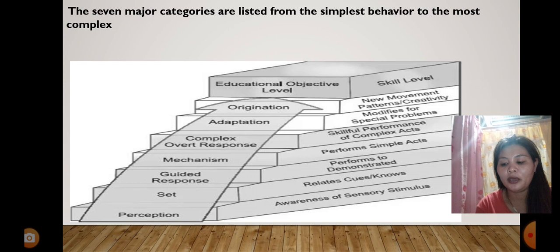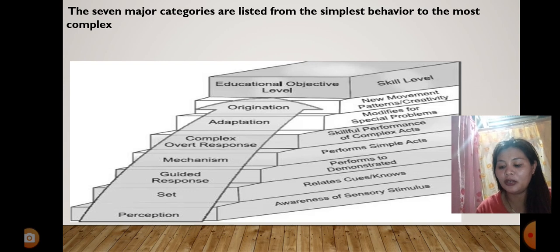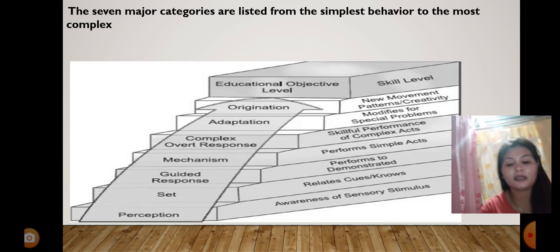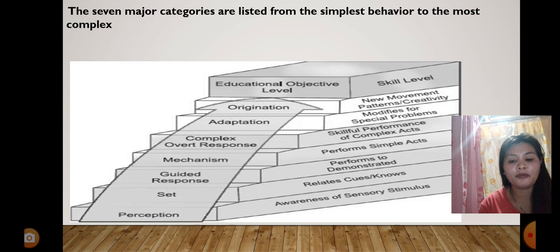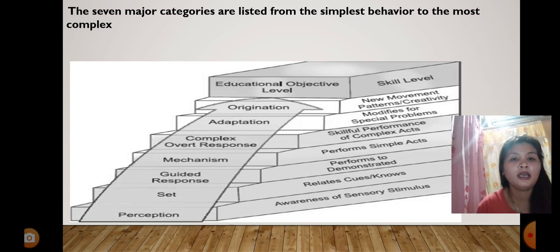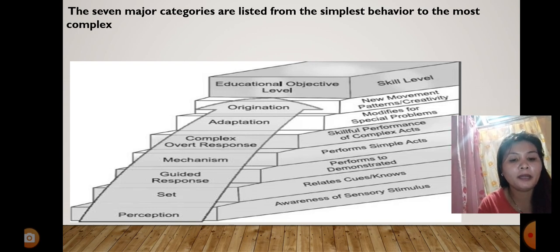And we have mechanism. This is the intermediate stage in learning a complex skill. So learned responses have become habitual and movement can be performed with some confidence and proficiency. And we have the complex overt response, or the expert.